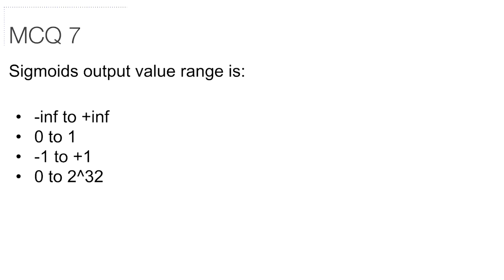Sigmoids, not tanh, not hyperbolic tan. What do sigmoids predict? A probability, right? And what are probabilities bounded by? Answer is 2.